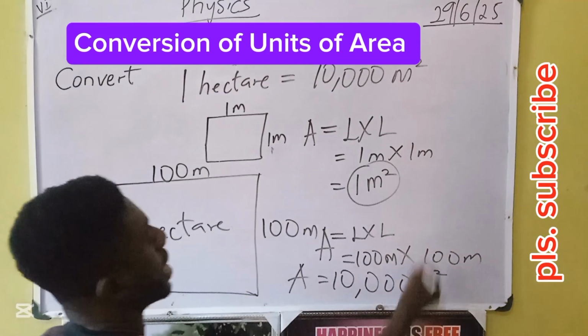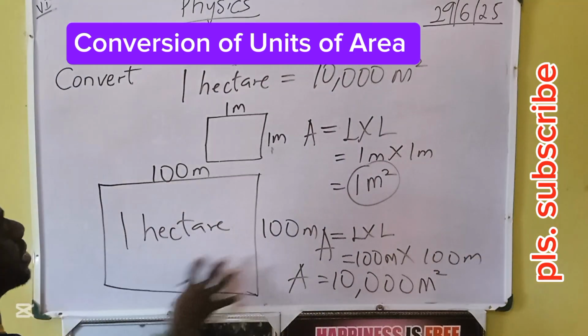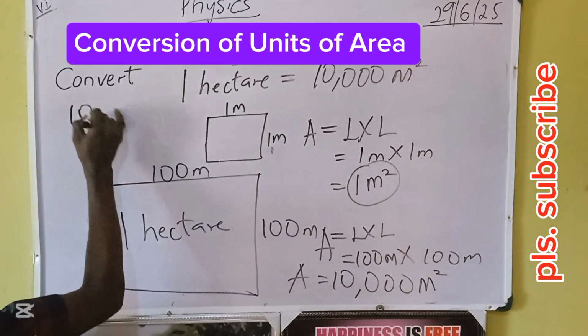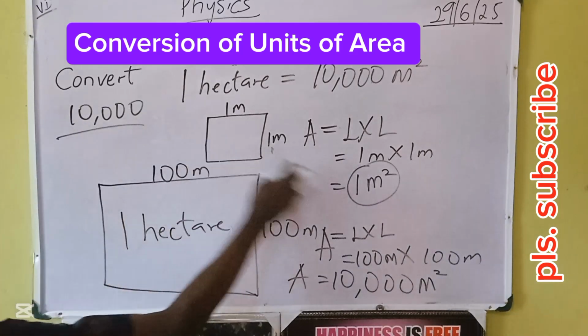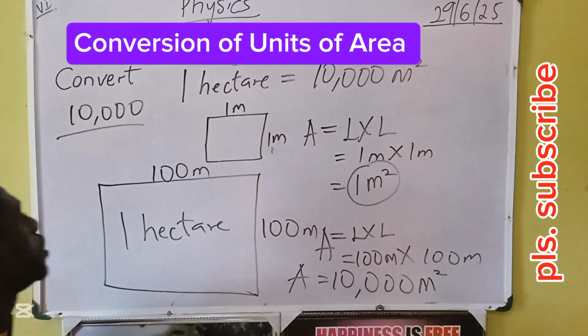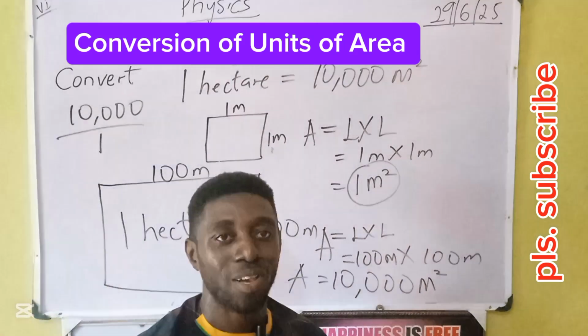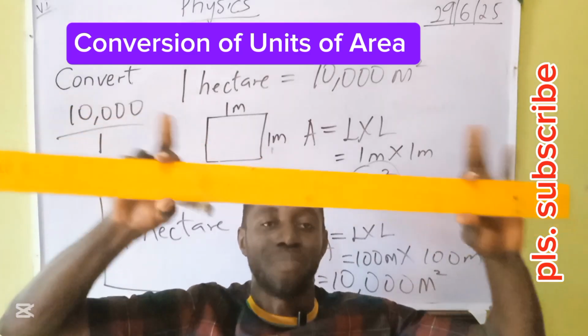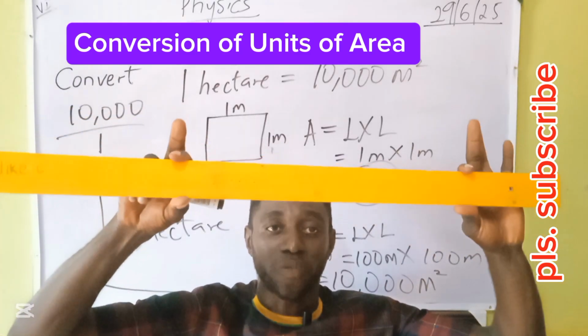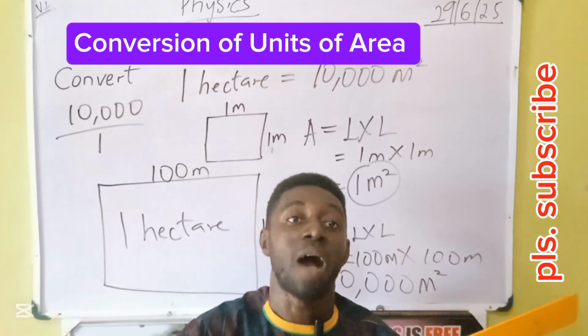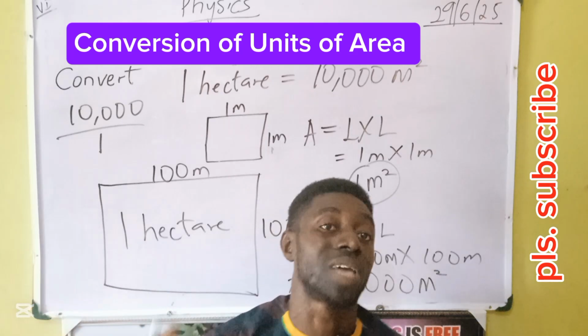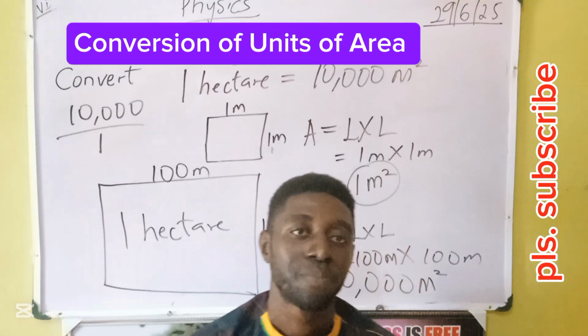Okay, we'll go back to our area. We can now say the total space here is 10,000, and the space of one box from our solving is 1. So I'll have 10,000 boxes here. If I can create one box from these equal extensions, I will need 10,000 of that box to get 1 hectare of land.